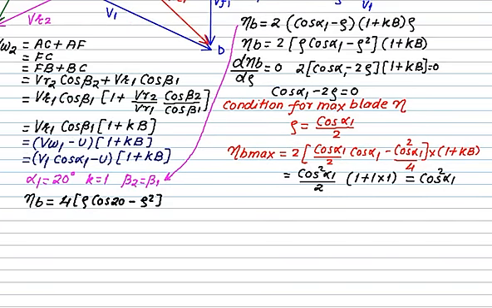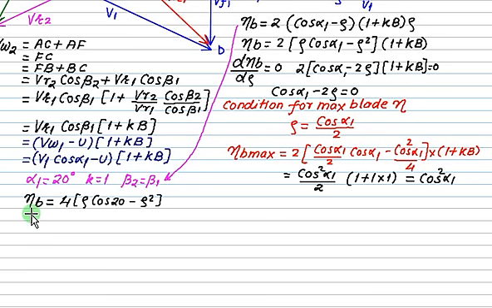If we consider this equation of eta b, that is 2 times (cos alpha 1 minus rho) into (1 plus kb) multiplied by rho, or you can consider the lower equation, and if we assume k equals 1, that is there is no friction and the blade is symmetrical, and let us temporarily take alpha 1 equal to 20 degrees. So the blade equation will become 2 into 2, that is 4 rho into cos 20 minus rho square.